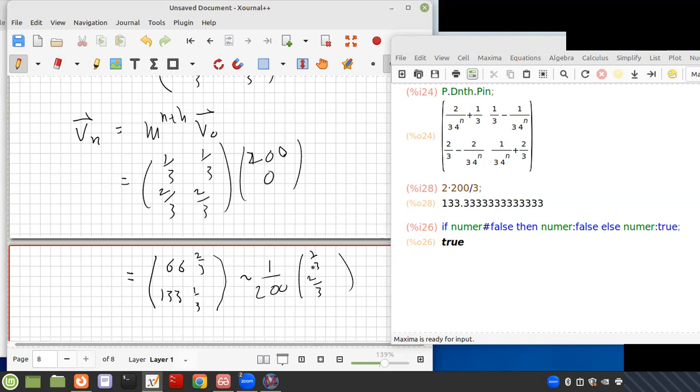So no matter what you start with, you're going to end up in the large scale limit with 1/3 of the people at location 1 and 2/3 at location 2. Those fractions were obvious because you had 1/2, 1/4, 3/4.